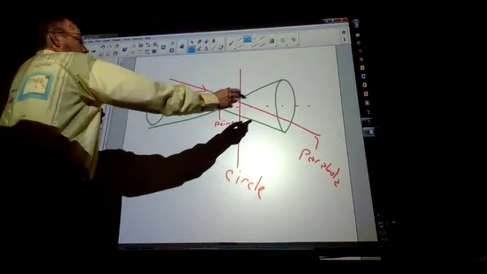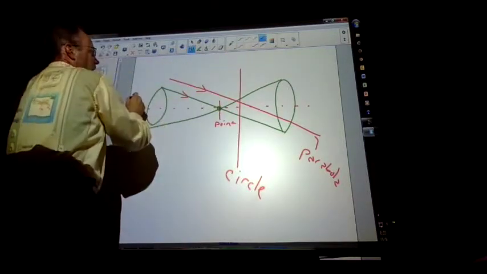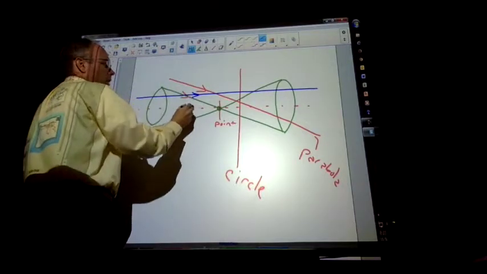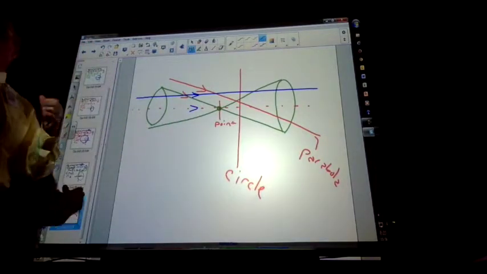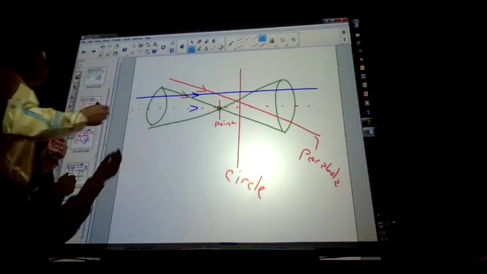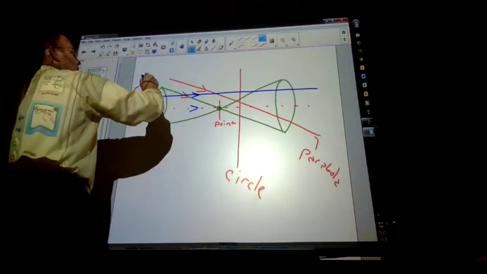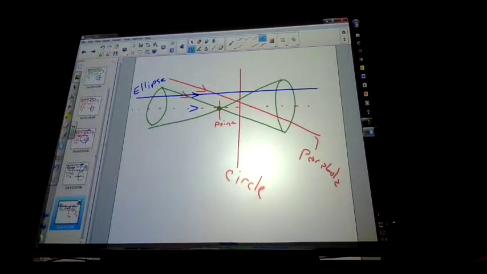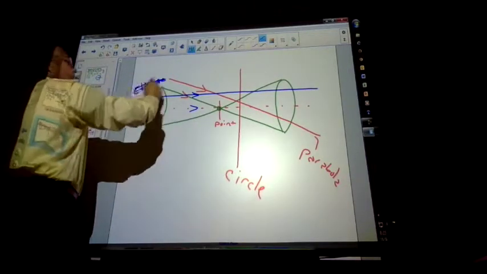If you were to come along and make a slice that is parallel to this line, so this line is parallel to this line, this creates what looks like two different parabolas. And then, what was the last one? Oh, excuse me, that's not an ellipse, that's a hyperbola.